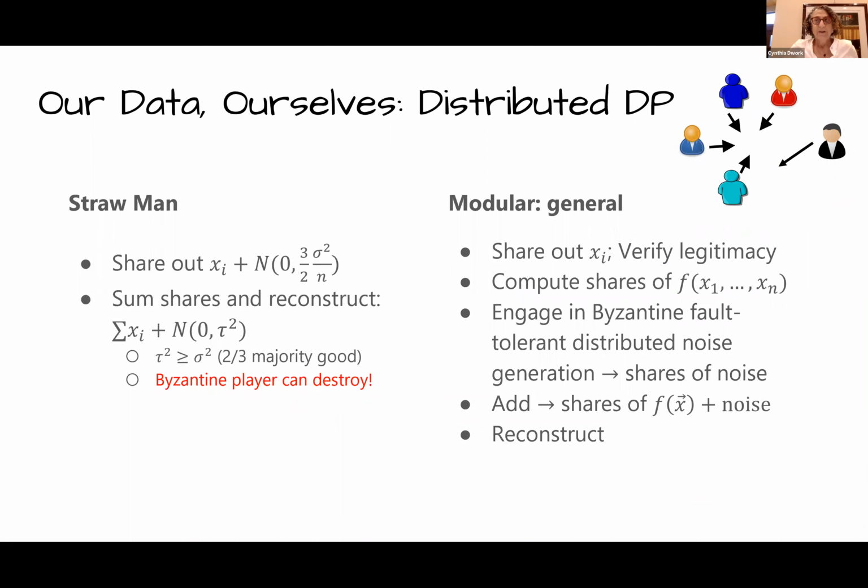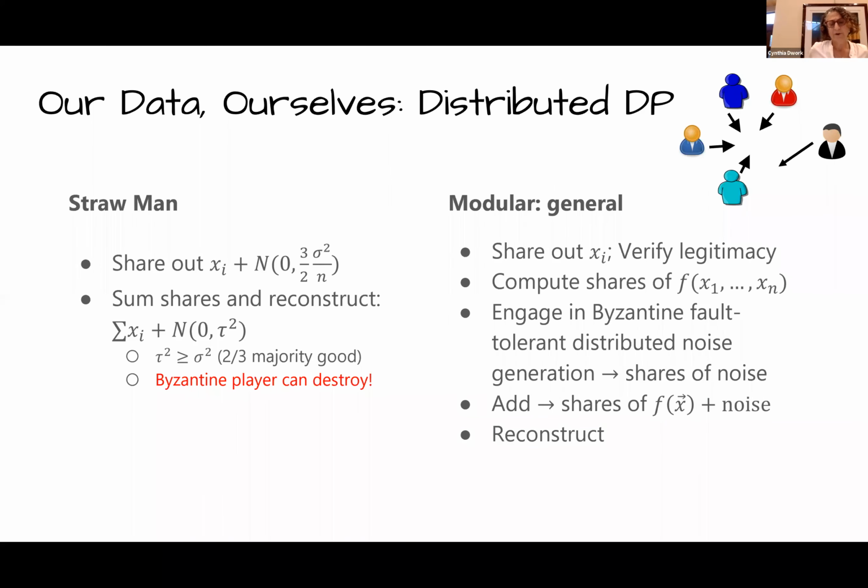So the idea was to literally put differential privacy into the distributed setting. Here's a straw man for sums. You could share out your value using verifiable secret sharing. Letting sigma squared be the variance you need for whatever your epsilon differential privacy is for this sum, you can share out xi plus a draw of normal noise with variance 3/2 sigma squared divided by n.